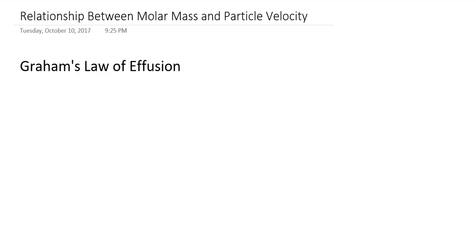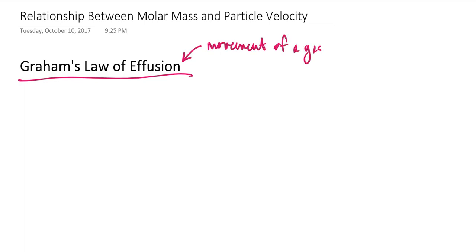Now, as it turns out, we can come up with a law that quantitatively relates molar mass and particle velocity, and it's called Graham's Law of Diffusion. Effusion is basically the movement of a gas through a small opening.